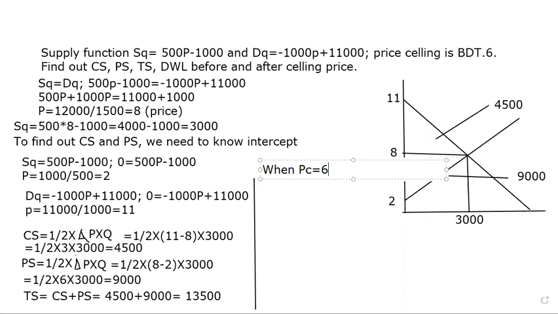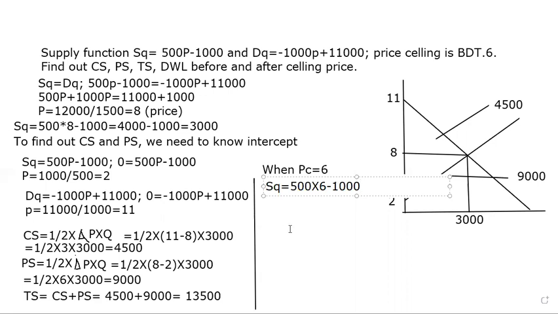In the market-chosen price, what will be your quantity demanded and quantity supplied? So quantity supplied, SQ, equals 500 times 6 minus 1000.